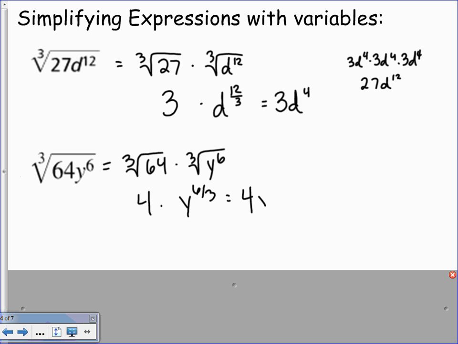Did you guys get 4y squared? Not bad, right?